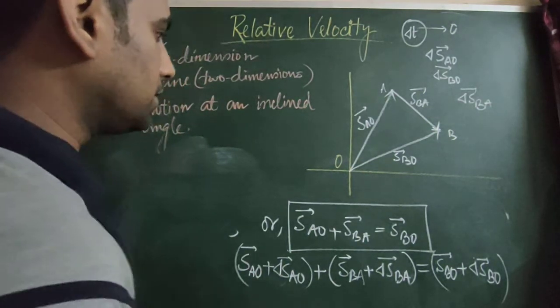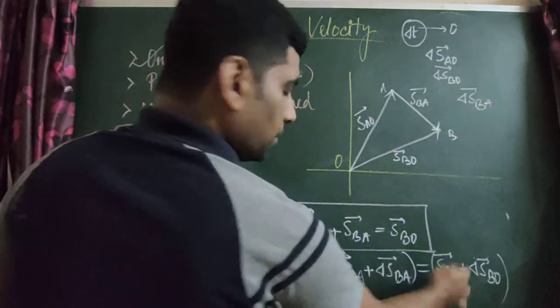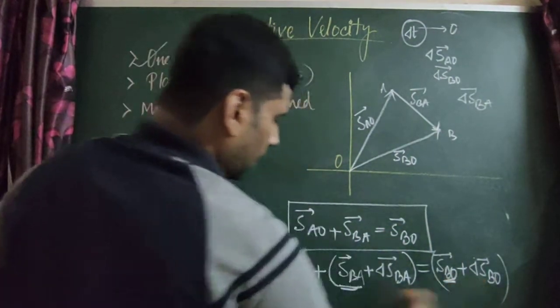Now see, from this, SAO plus SBA equals SBO. So these two are equal to this, and they cancel out.